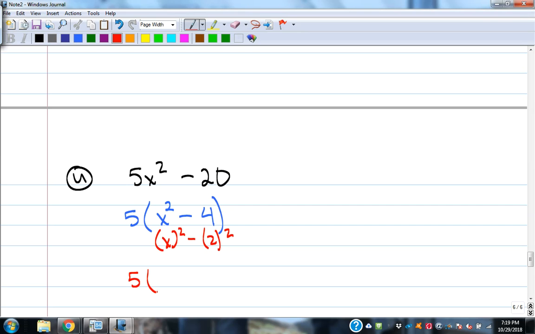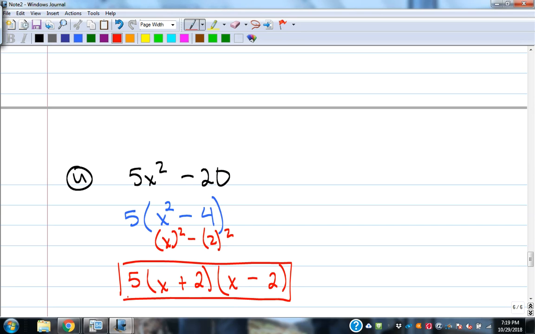So yes, we can break that down as what two factors? x is in the front, 2's in the back, one's plus, one's minus. There is the factored form of that original problem. But the earlier version causes problems when we go to solve these later on. So we've got to get it factored all the way so that we can use it to solve.